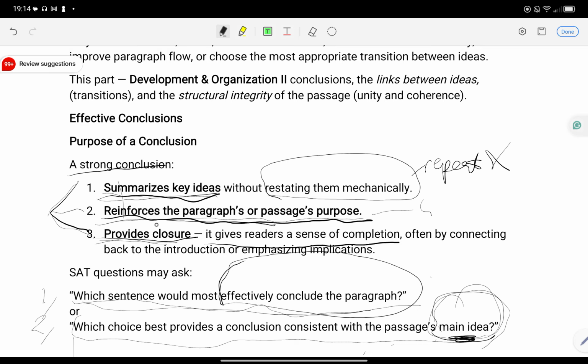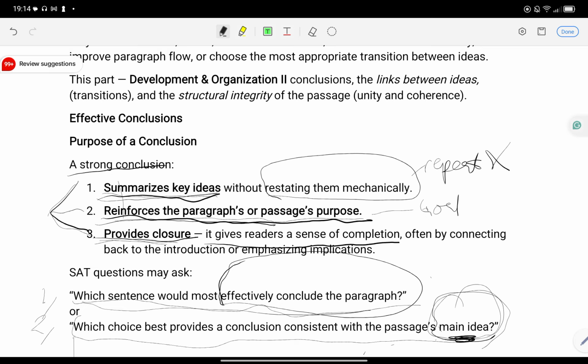Number two, it should reinforce the paragraph's or passage's purpose. What exactly is the purpose? What is the goal of writing the paragraph? Now, if you know the goal, then the conclusion should resound that purpose, that claim.